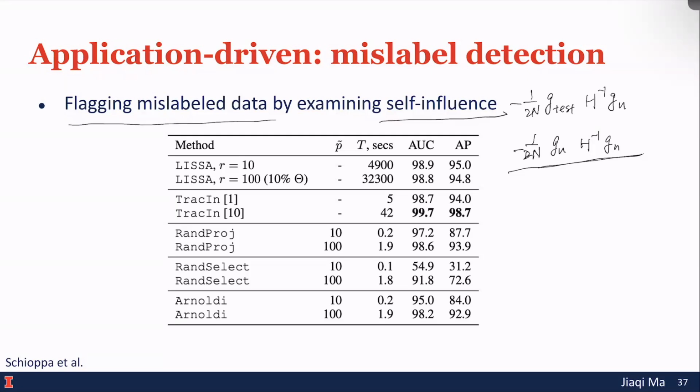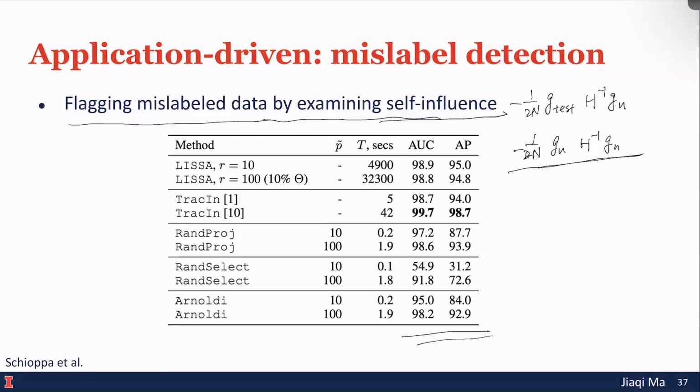If this data point is very inconsistent with the rest of the training data set, then it is more likely to be mislabeled. You can have a training data set where you manually mislabel some data points, use this self-influence to predict which ones are mislabeled, and then calculate the prediction accuracy. So that is a more application-driven evaluation metric.